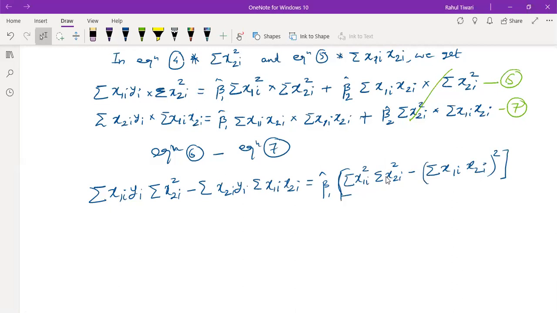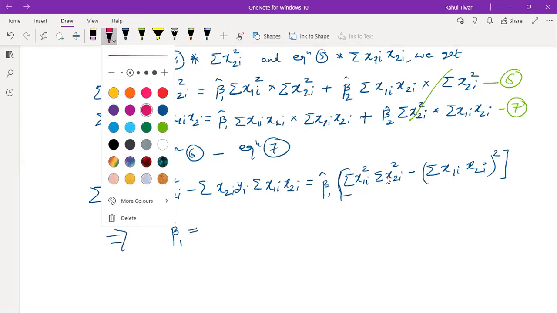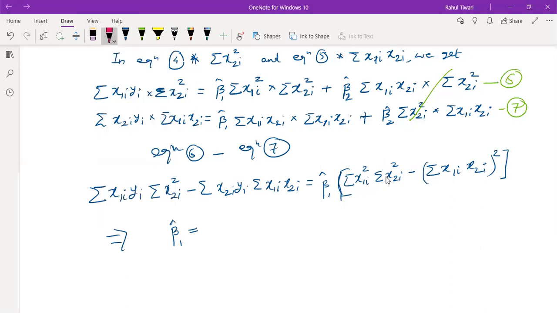Now based on this expression, one can get beta 1, which is going to be summation x1I yi summation x2I square minus summation. It's a very big expression, but we don't have any choice.